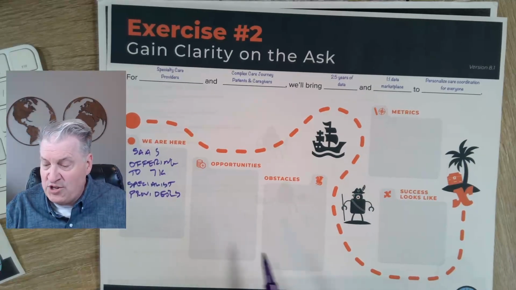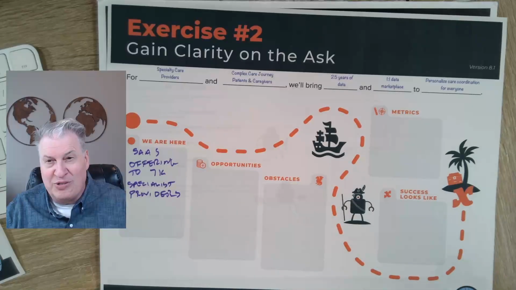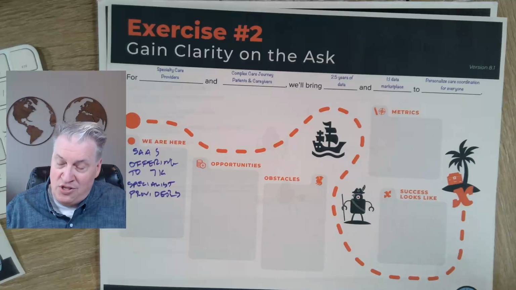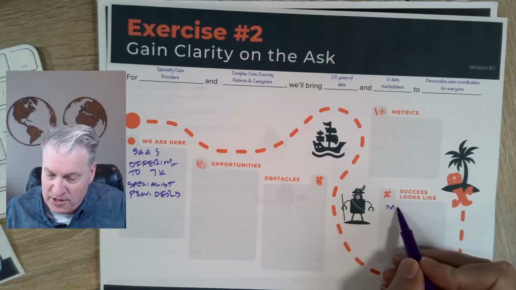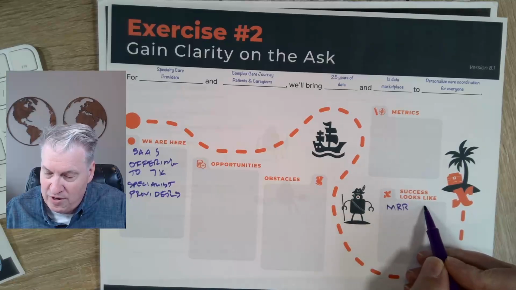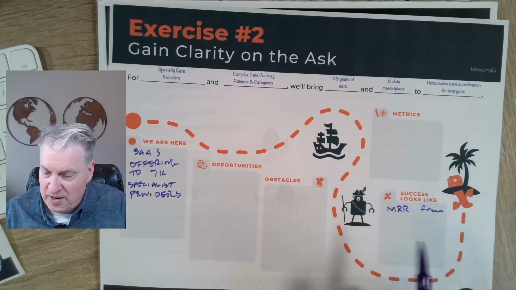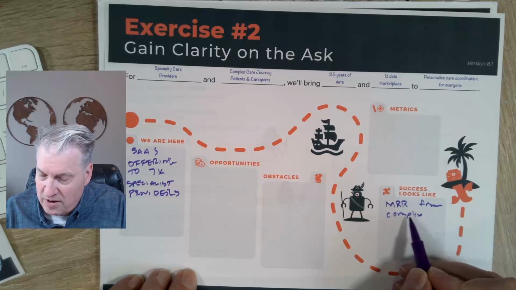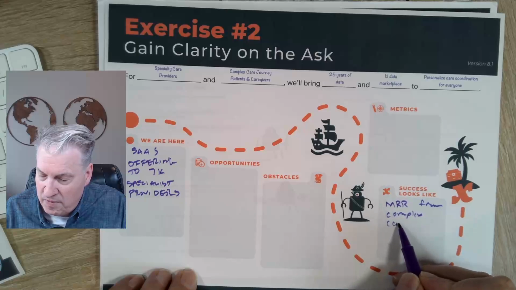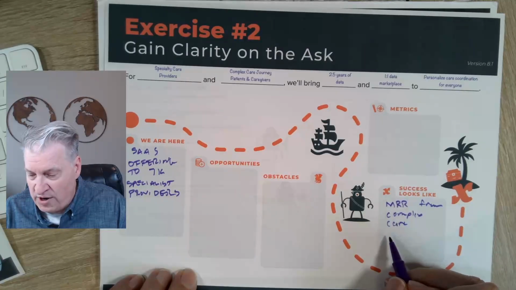But what we want to do is we want to actually start painting a picture of what success looks like and be able to answer some questions along the way. So we start with, what is a first way that you might look at success? And what they might say is, actually, we think that there's an opportunity to get monthly recurring revenue from complex care coordination.